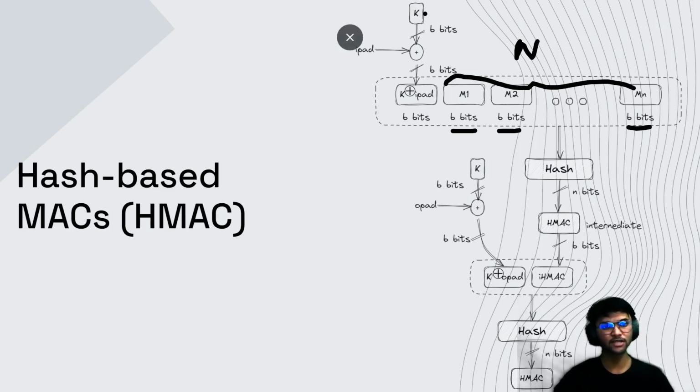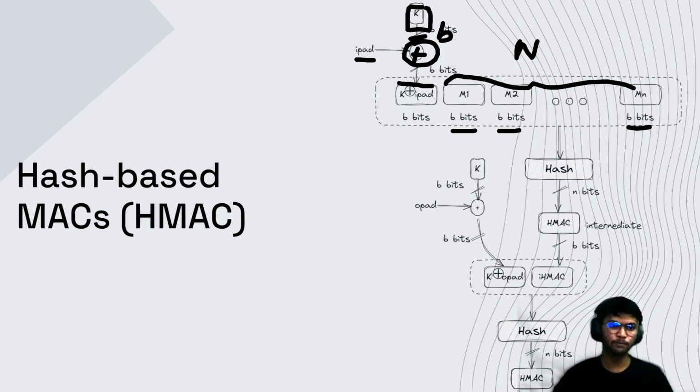We'll then select a secret key K and XOR it with a constant called ipad, or the input pad. We'll have to ensure that this key is of b bits, so we left pad it with 0 just to be sure that it's of b bits. And then we'll prepend this freshly generated block to this message to create n plus 1 blocks.